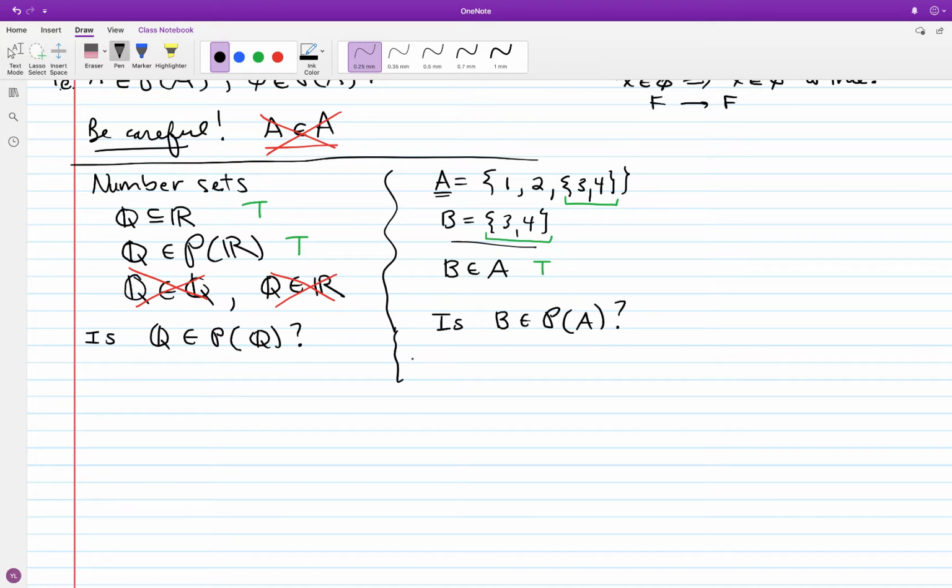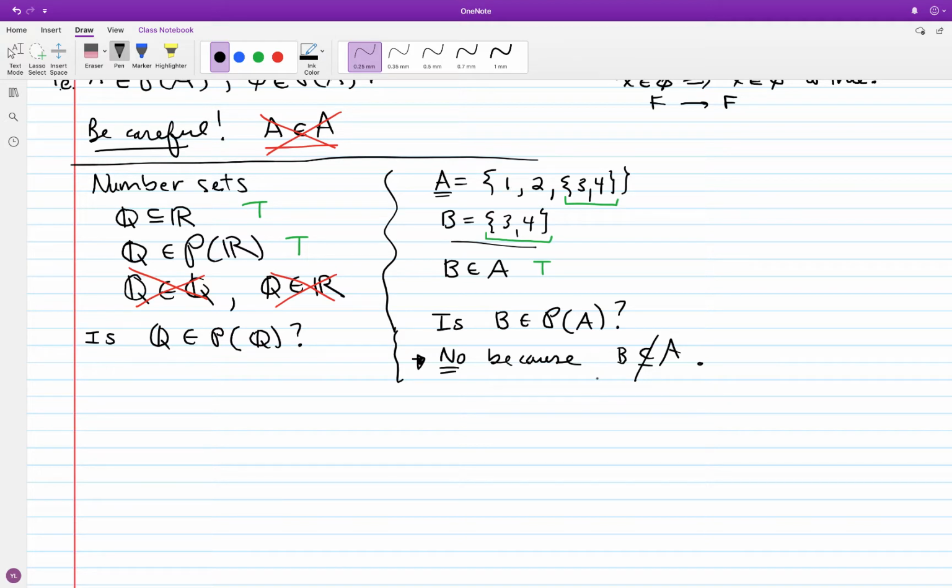The answer to this question is going to be no, because B is not a subset of A. In order to be an element of the power set, you would have to be a subset. So look, in order for B to be a subset of A, all of the elements of B would have to be elements of A, and they're not.